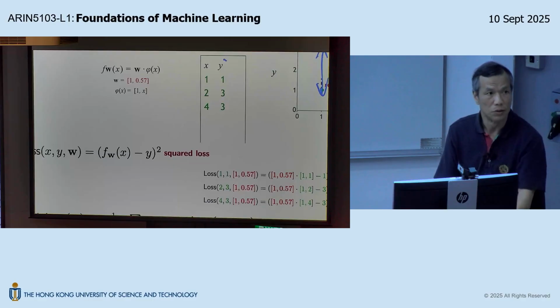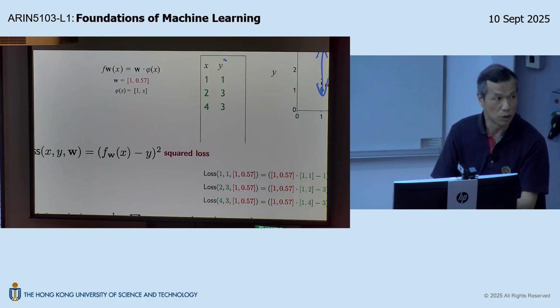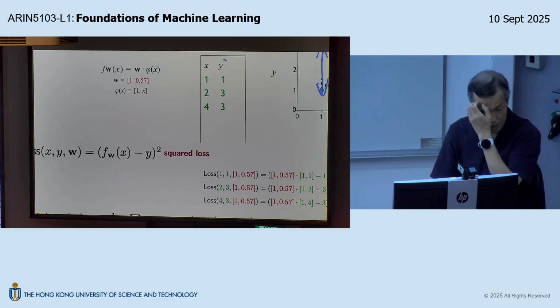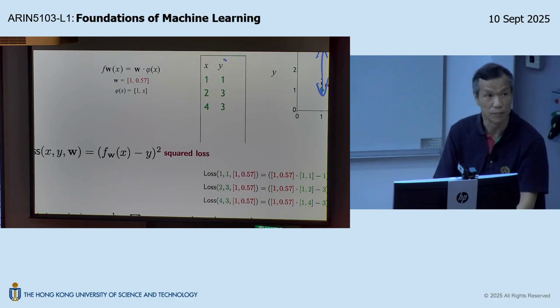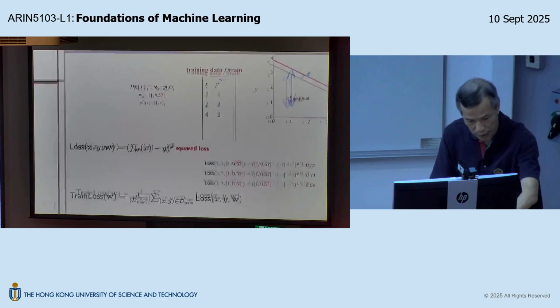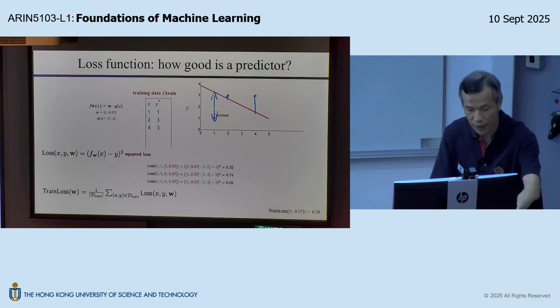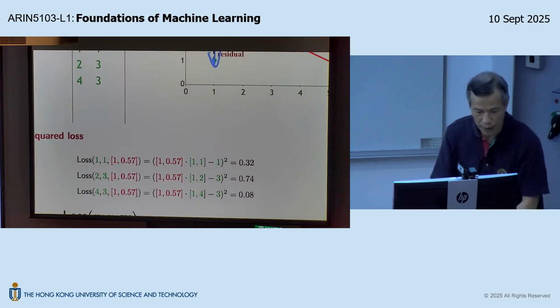Of course, you can argue that you don't like to take the square. If you want to remove the sign, you can also use the absolute value. This is another commonly used loss function, but here we stick to the square loss. Once you define the square loss, I give you any weight vector, the W that we had on the previous slide.